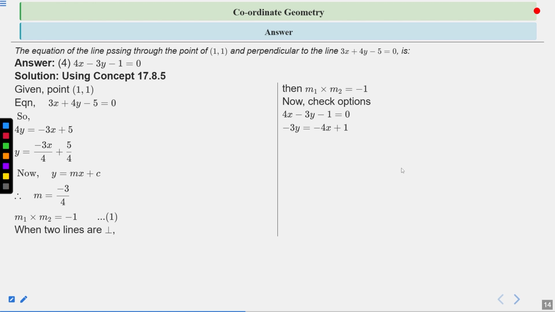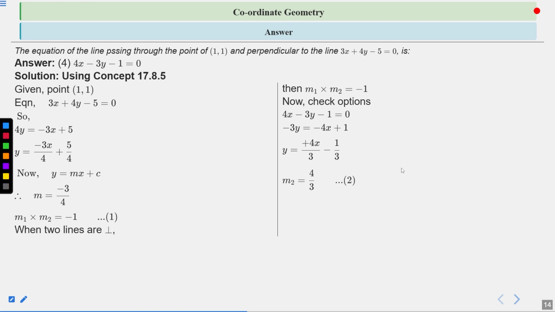We can calculate the slope by writing it in the form of y. So minus 3y equals minus 4x plus 1. Now dividing the whole equation by 3, we get y equals plus 4x by 3 minus 1 upon 3.